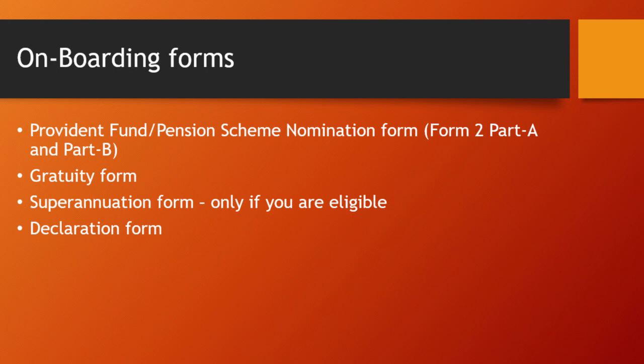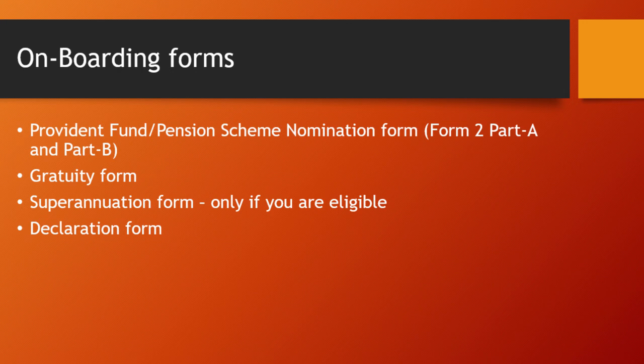And this superannuation form is not for freshers, so you can skip this part, and you can go into the declaration form, and you can easily complete all these forms, and you have to submit these forms and take printout of these forms, because you have to submit the hard copies of these forms while you are joining. So that's all guys, you have completed all the formalities that you should do before joining TCS.